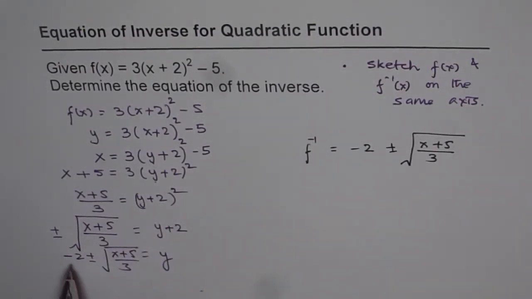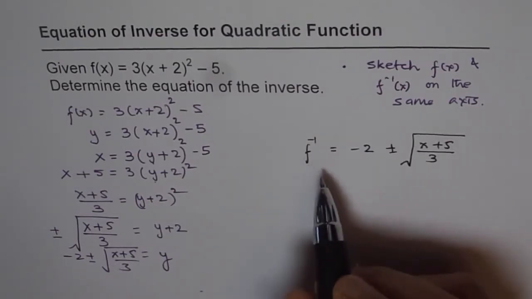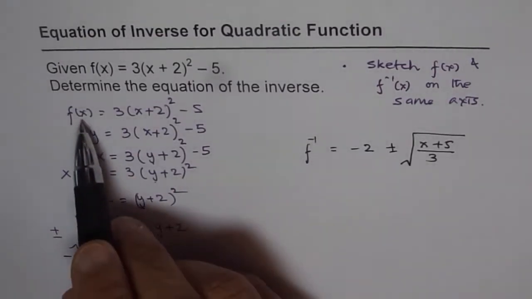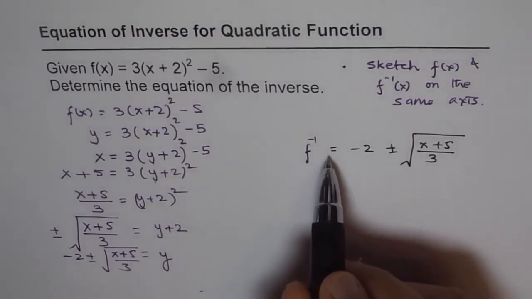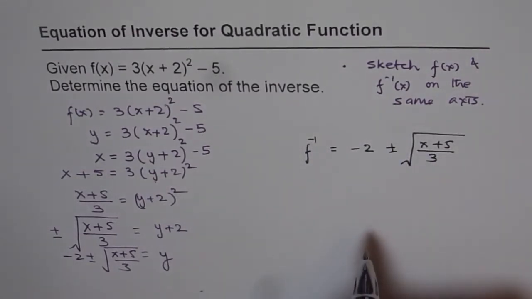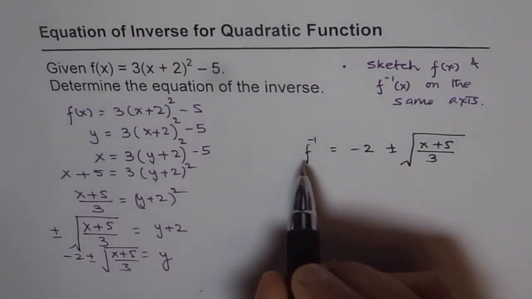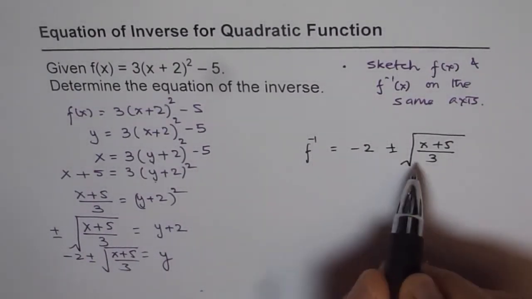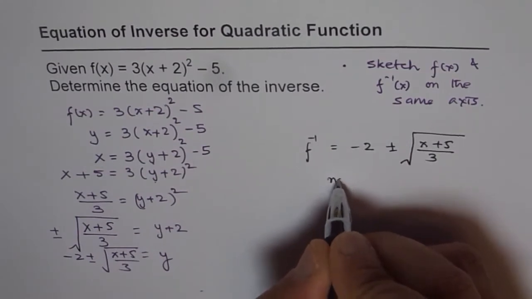When you do plus and minus, that means for each and every y, you are expecting 2 values for given x, correct? Now you write this back as function notation, f inverse equals to minus 2 plus or minus square root of (x plus 5) over 3. Note here that I'm not writing f inverse of x, since this is not a function, right?